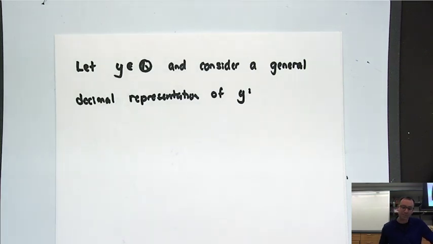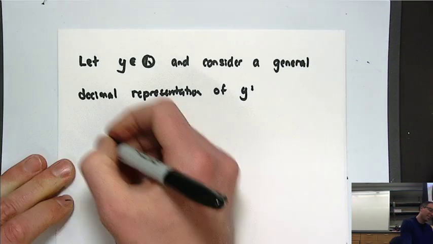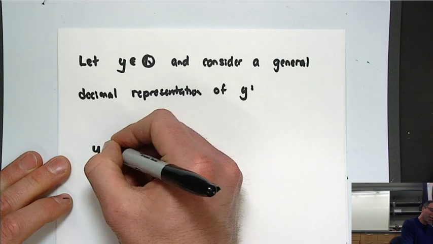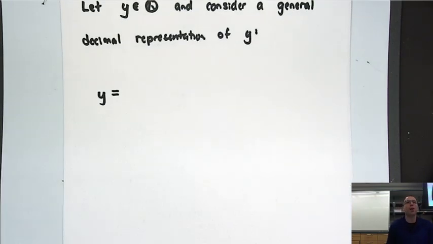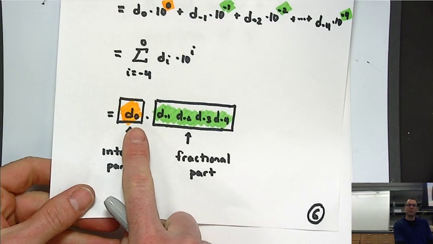Could you guess how we write a general decimal representation of any fractional number? Let's not assume that the leading integer part has only one digit. What did we call this? Integer part.